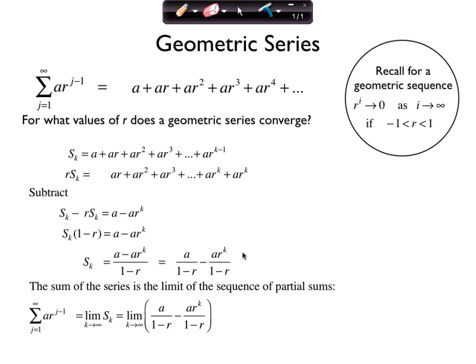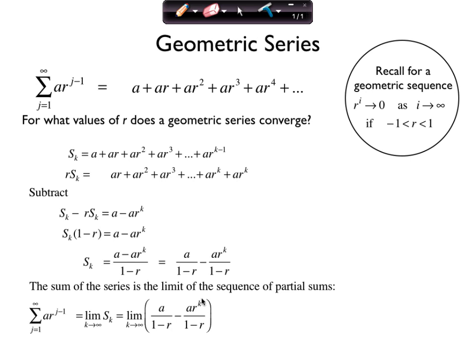Okay, and so then we ask, when does this converge? So really these are just constant numbers, a over 1 minus r, those don't change. So the limit really applies to this second term as k goes to infinity. So when will this converge? So notice it's r^k. What sequence is that? Geometric.